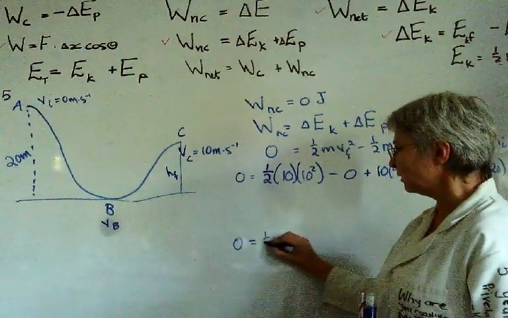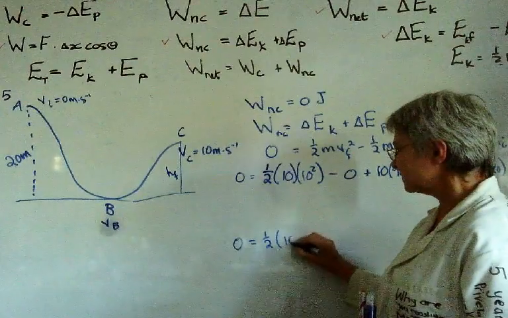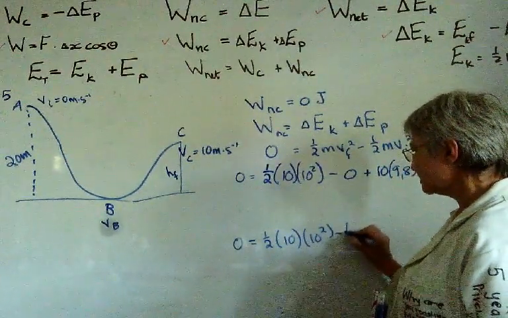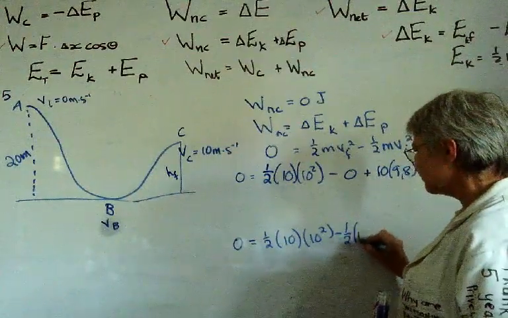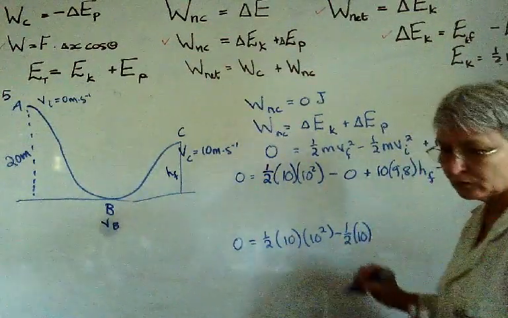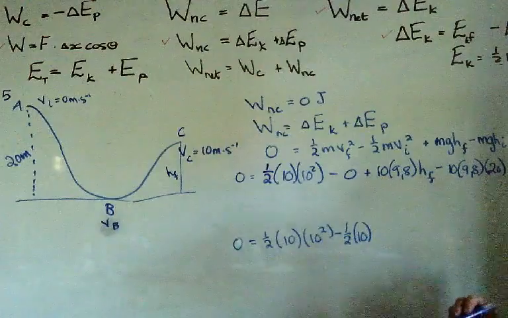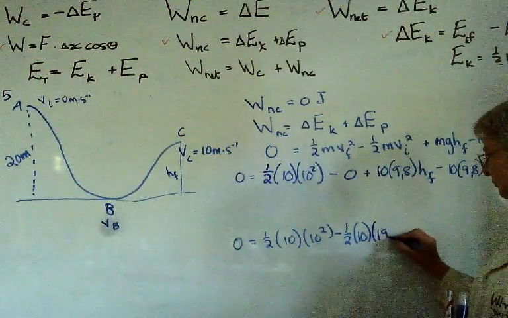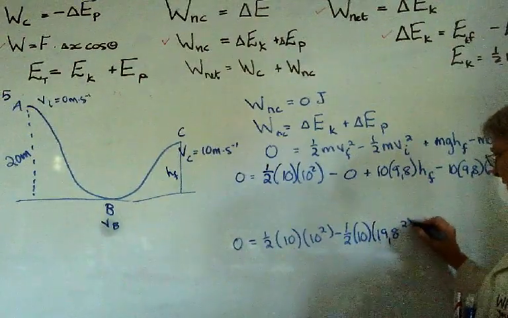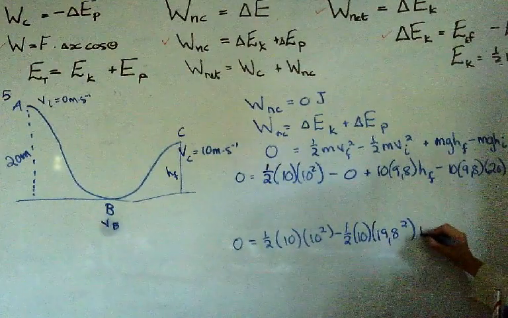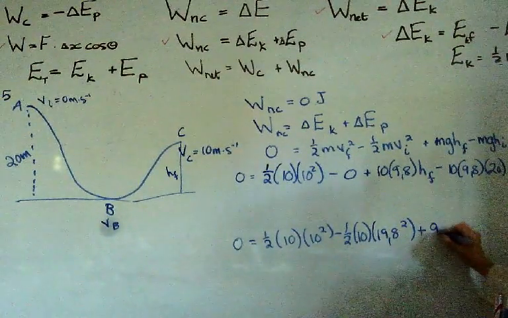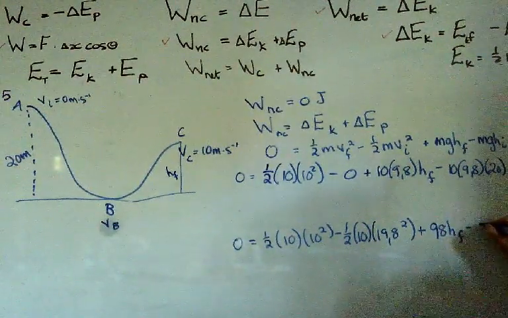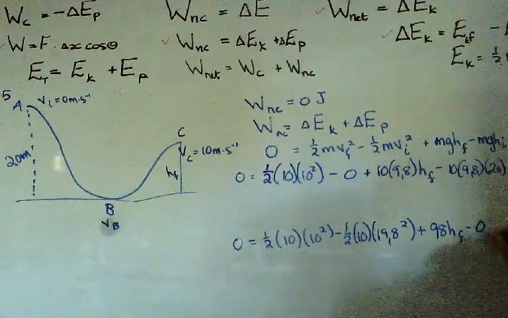I wiped it out. 19.8. 19.8 squared plus, I'm going to shorten this now, 98 HF minus naught. Ma'am, don't you swap the 10 squared and the 19.8 squared since it's final? No, it's final minus initial. It's going from B to C.